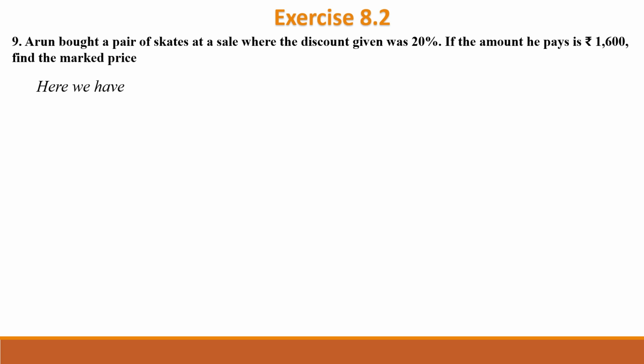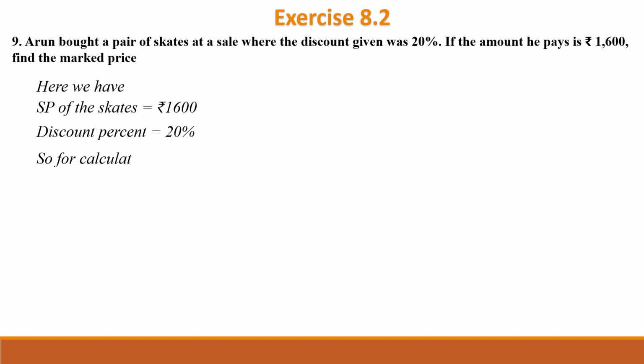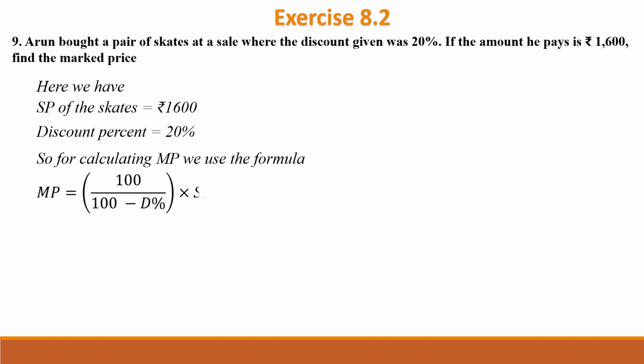So what do we have? We have the selling price of the skates as rupees 1600 and the discount percent is given as 20%. We know that the formula for calculating the marked price when the selling price and discount percent are given is this: marked price is equal to 100 upon 100 minus discount percent, multiplied by selling price.